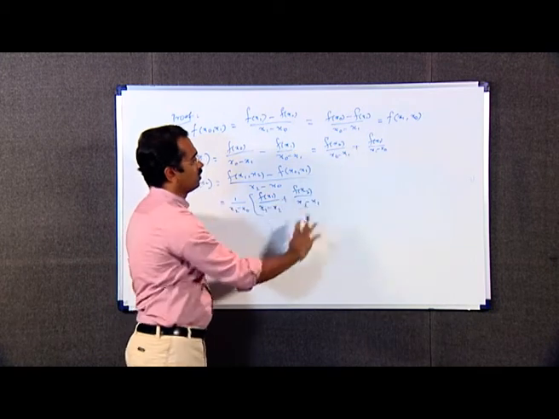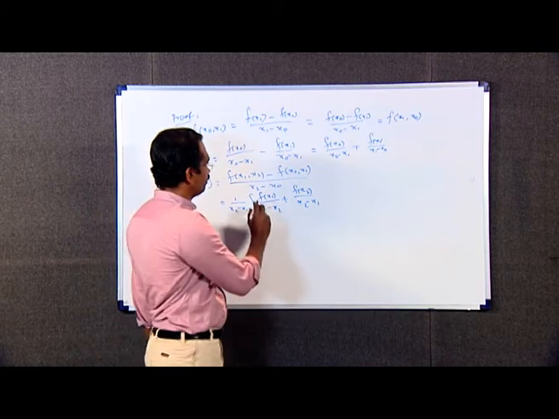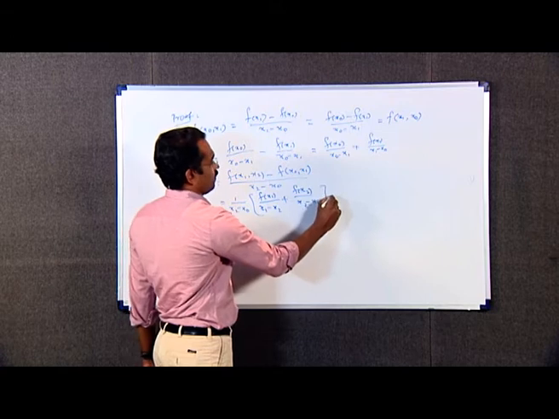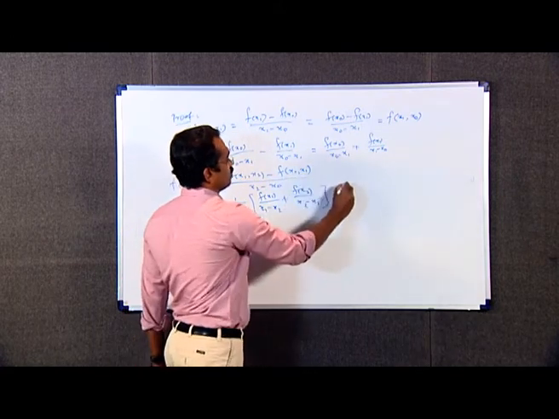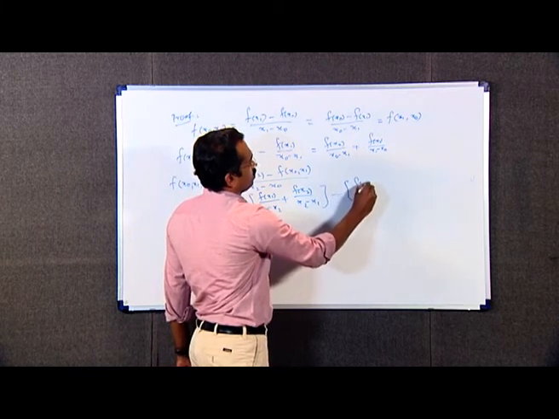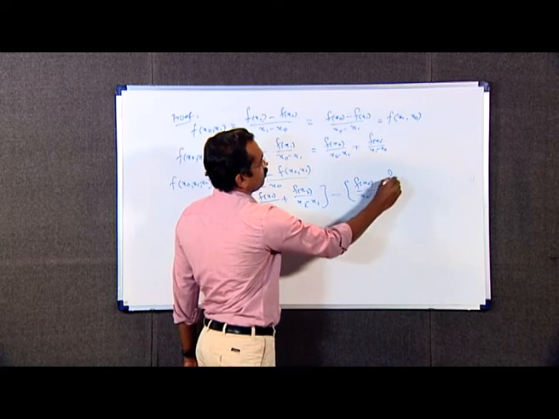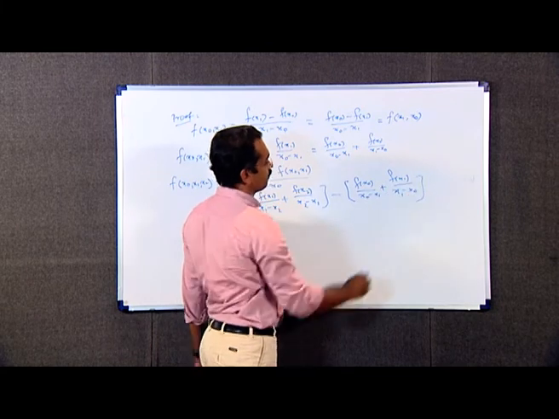Like this we write f of x1, x2 minus f of x0, x1, which is f of x0 by x0 minus x1 plus f of x1 divided by x1 minus x0.